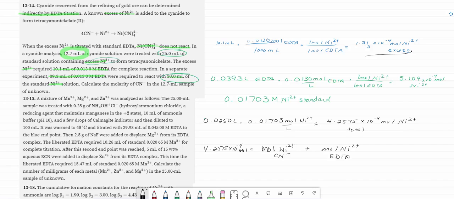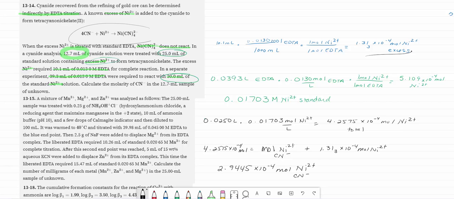The excess moles, so the moles that were complexed with the EDTA, are 1.313 times 10 to the negative 4, again moles of nickel. So now we can calculate the moles of nickel that complexed with the cyanide. I'm not sure why that's difficult. And I get that there were 2.9445 times 10 to the negative 4 moles of nickel that complexed with the cyanide.